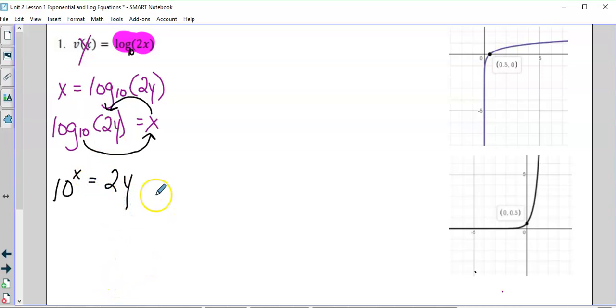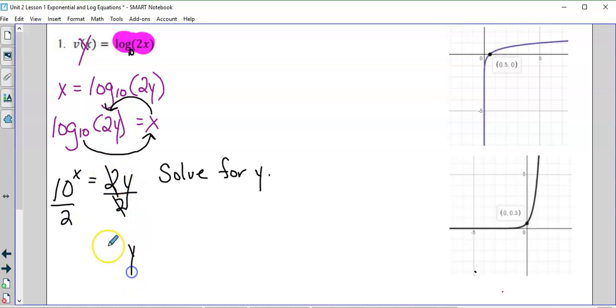Still trying to solve for y. Y has been multiplied times 2, so I just need to divide by 2 on both sides. So this cancels. Y equals 10 to the x power divided by 2. That's it. I can't simplify this in any way. This is my answer right here.